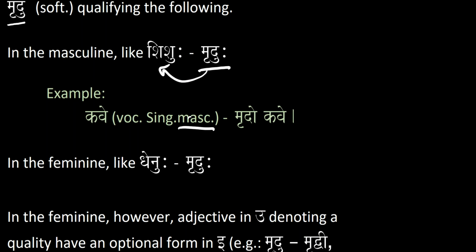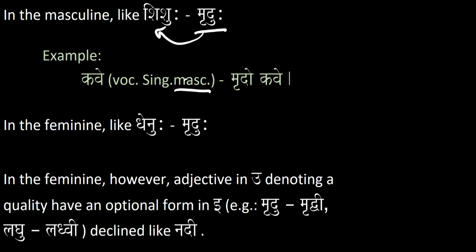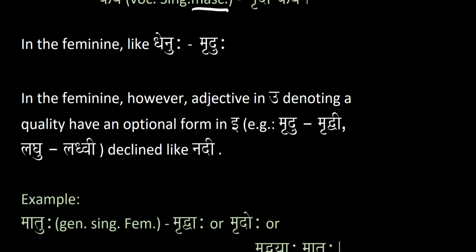Now moving on to the feminine. As said before, an adjective ending in u describing a feminine noun is going to be declined like dhenuhu, after you change mridu into mriduhu. But there is an exception in the feminine.